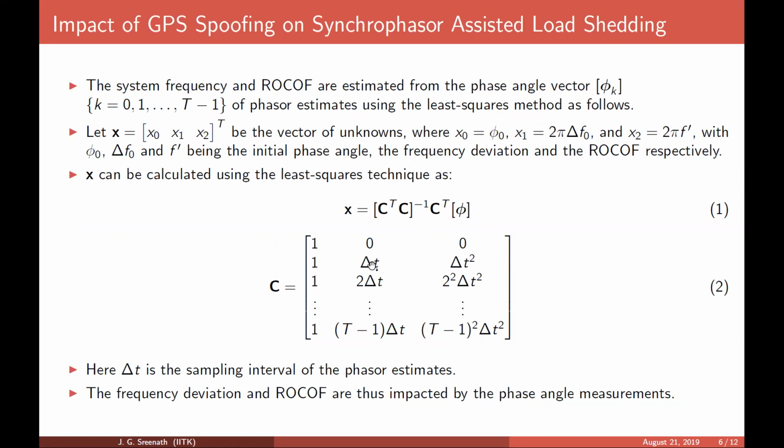Let's say for every delta T, you run up to time T seconds, so T samples are collected at the delta T sampling rate. You obtain the H matrix or the C matrix, in this particular case, and use this equation to estimate the states, which are the initial phase angle, the frequency deviation, and the rate of change of frequency.